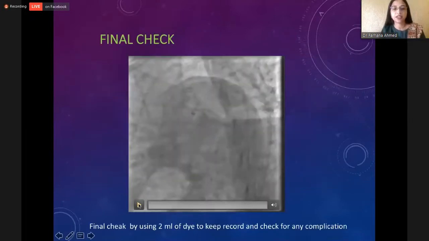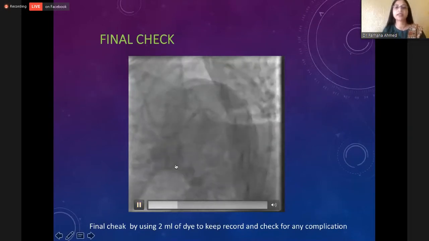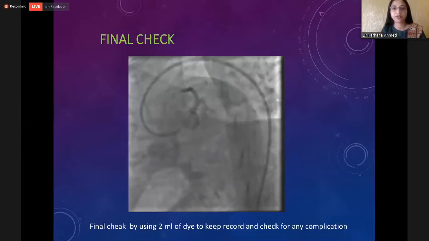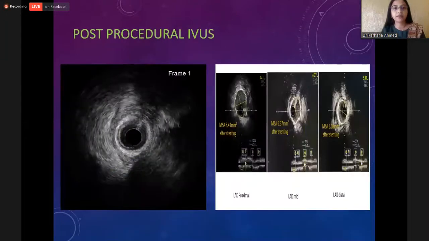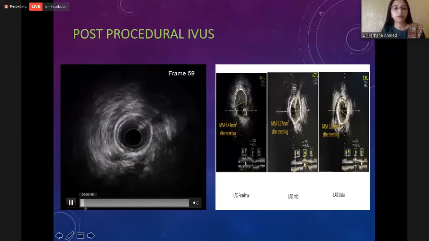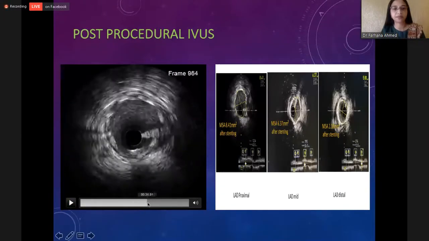And we did a final check with 2 ml of dye to keep a record and check for any complications like distal embolization or coronary perforation, as IVUS does not appreciate these 2 complications. And a final IVUS was done, which also confirmed the ostial placement of the stent.